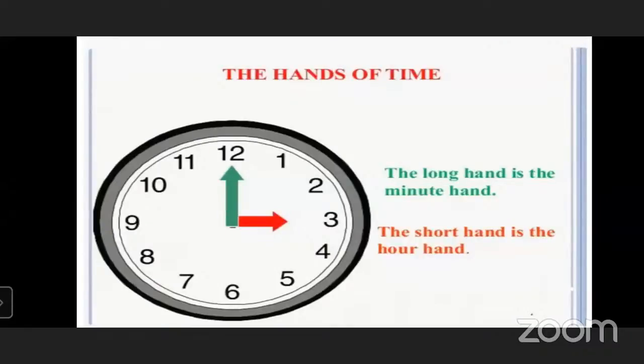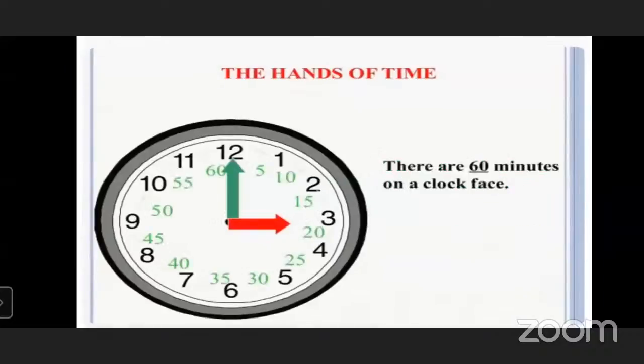In green color there is a long hand, which is called the minute hand, and in red color there is a short hand, which is called the hour hand.